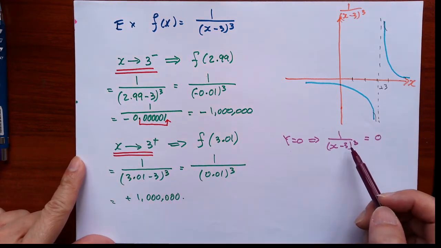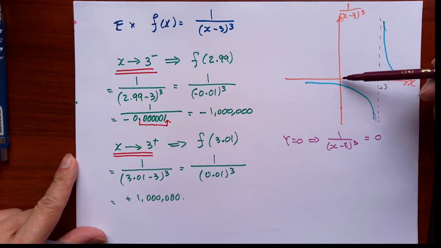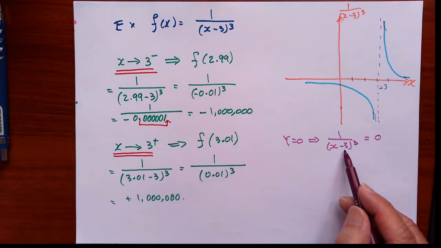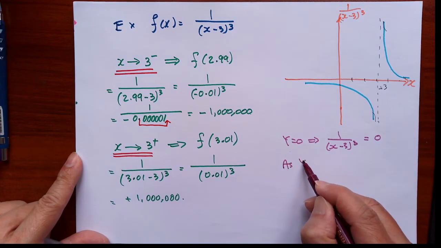There is another asymptote at y equals 0, because you cannot have a 0 here too.